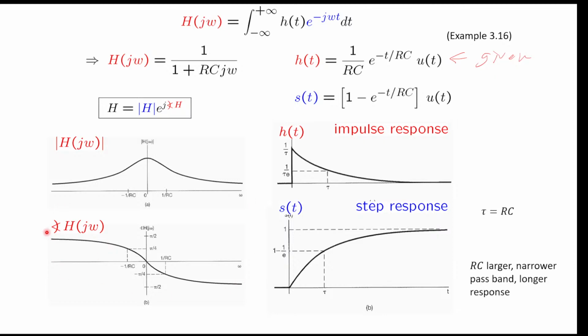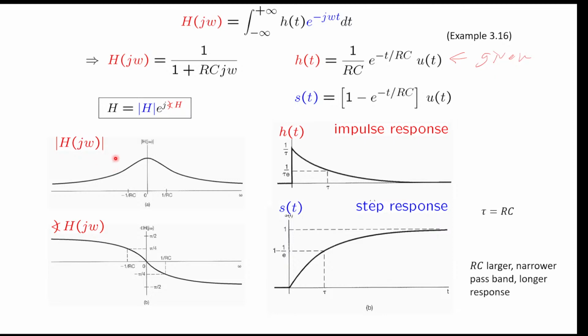First, the angle is not 0, so we still have an angle here. If you plot the angle of this thing, it goes from pi over 2 to minus pi over 2. And also, as we said before, it's not a sharp cutoff. You have basically a 1 over omega decay for the absolute value of H.